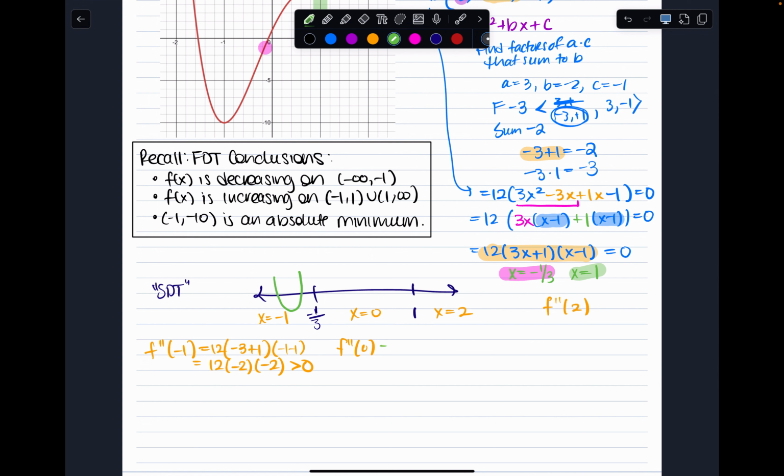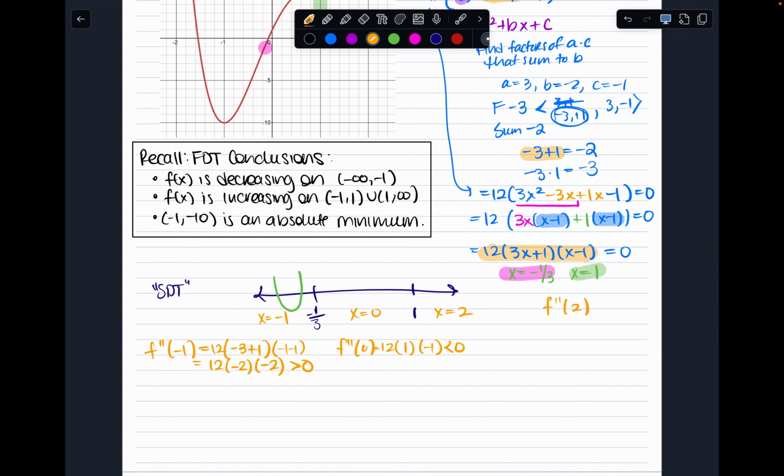f double prime at 0 is 12 times 1 times -1. I just plugged 0 in for x there, so it cancels those x's out, leaving me with +1, -1 as a product. -1 times +1 is negative, times 12 is a positive, which leaves an overall negative. This is -12. You could write the value down.